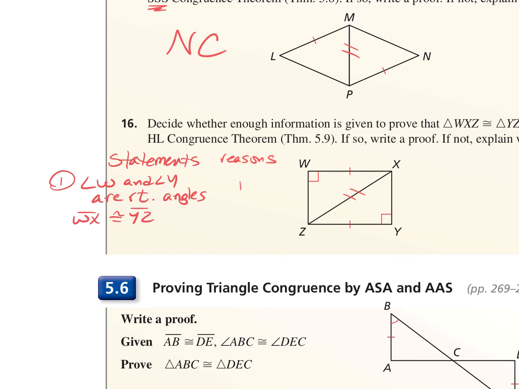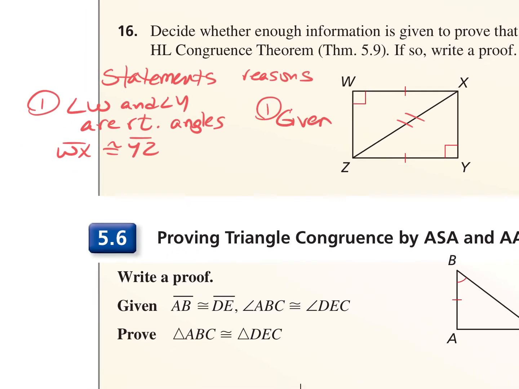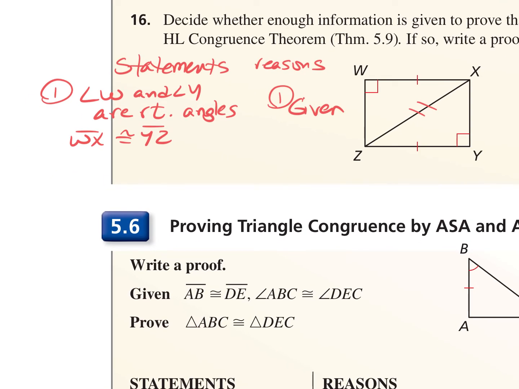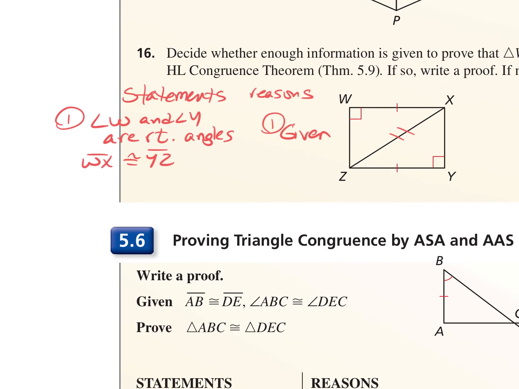And this was what was given to me. The next thing I need to do is I can pull in my reflexive here. I can state that XZ is congruent to XZ, and that's what I already marked in the picture because they're reflexive.